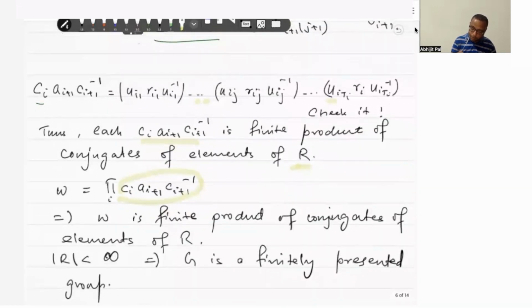So therefore, W is a finite product of conjugates of elements of R. And because R is a finite set, we have proved that this group G is a finitely presented group. Okay, so I'll stop here.